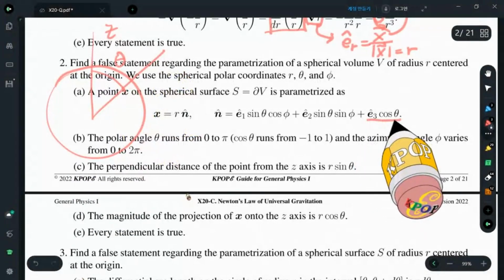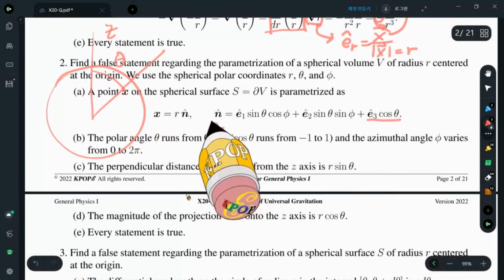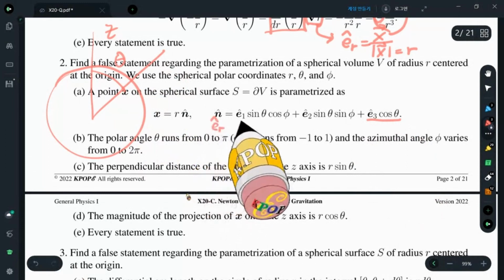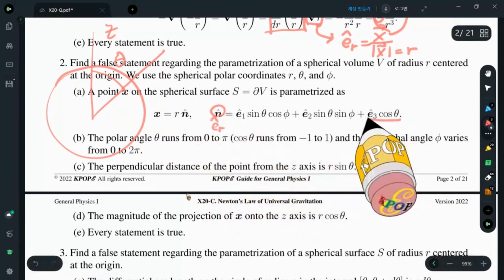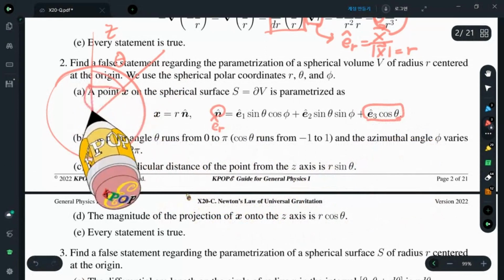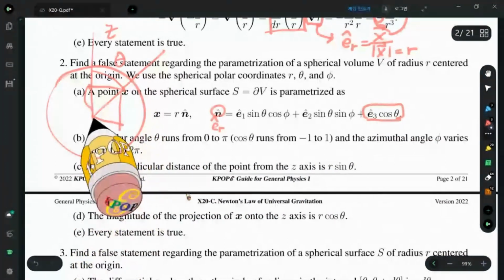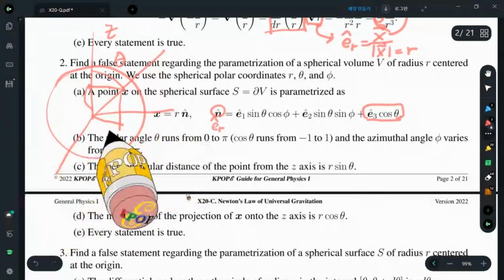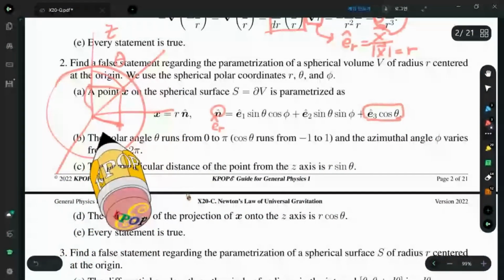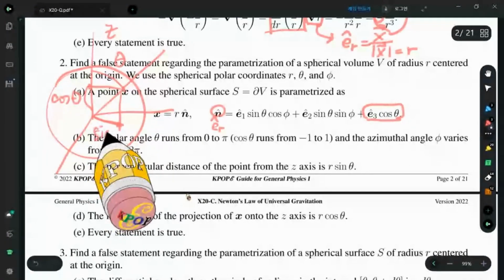Then the unit radial vector, this is our e_r hat, has the z component cosine, and the perpendicular component on the xy plane, that is sine. This is cosine, and this is sine.